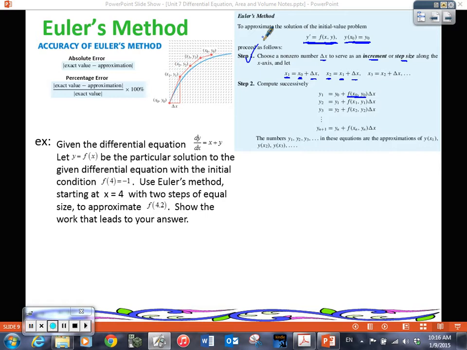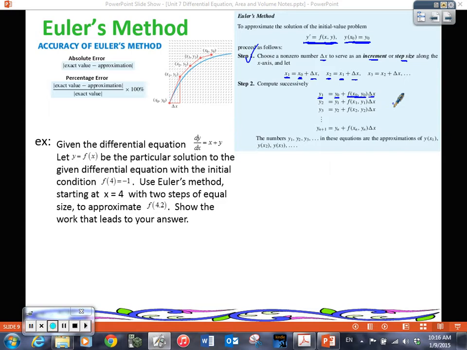So, to get our first approximate y value, we take our original y value, we take the original point and substitute it in the differential equation to get that value, and then we multiply that by the increment. I'm going to say that one more time.